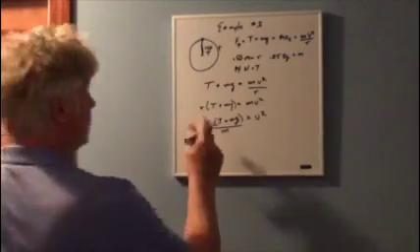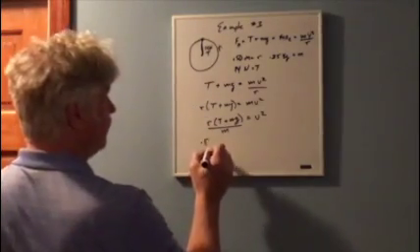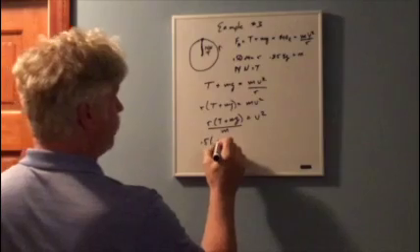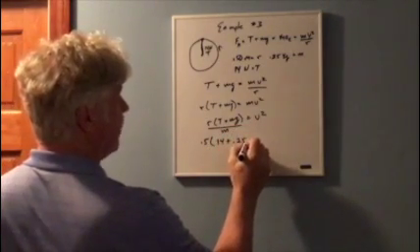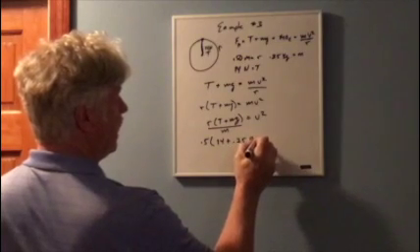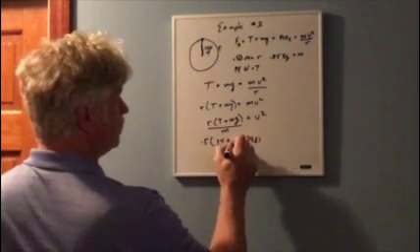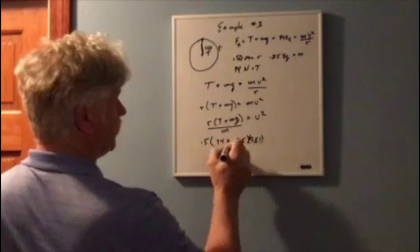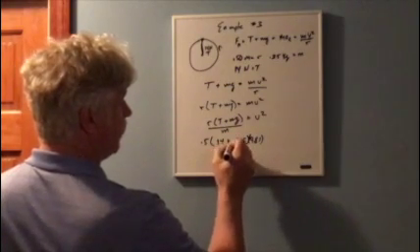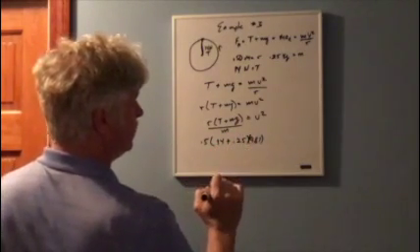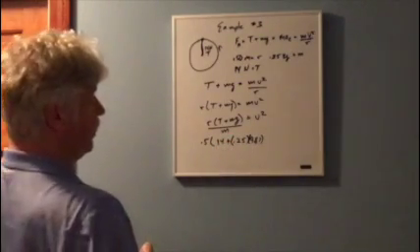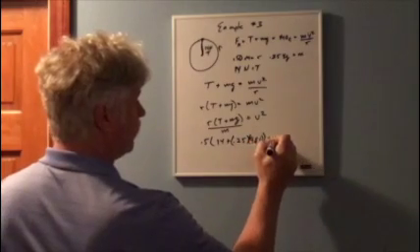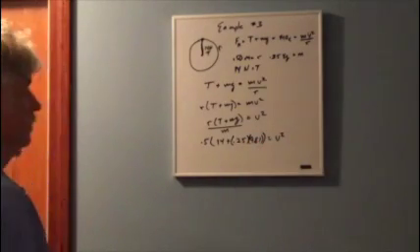The radius is 0.5, the T is 14, plus mg is 0.25 times 9.81. Let me get all my things here straight. Okay, 0.25, there we go, equals v squared.